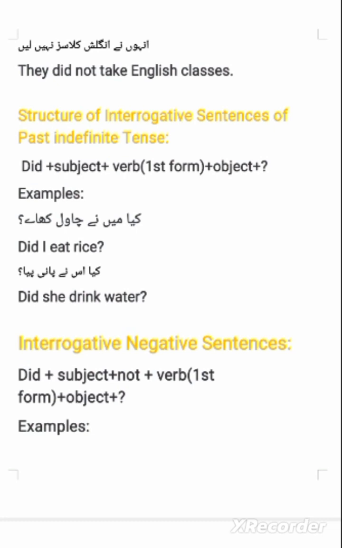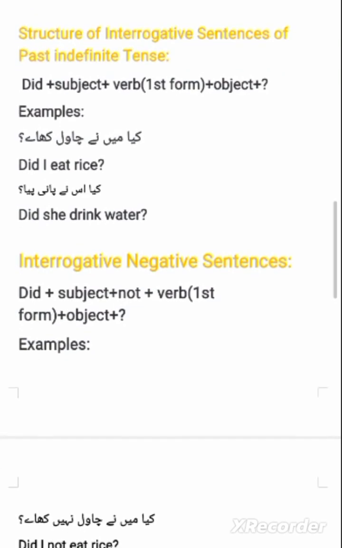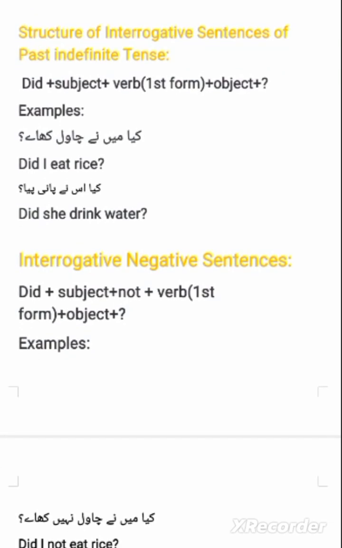That will be very easy. The first will be did, then subject, then verb first form plus object and question mark. Let's see the examples. क्या मैंने चावल खाए? Did I eat rice? क्या उसने पानी पिया? Did she drink water? Just like that you can make new sentences by using the formula.